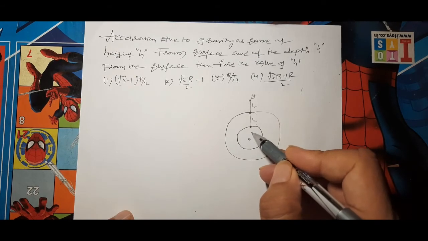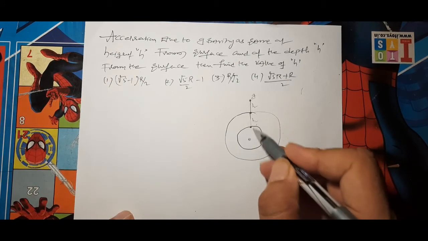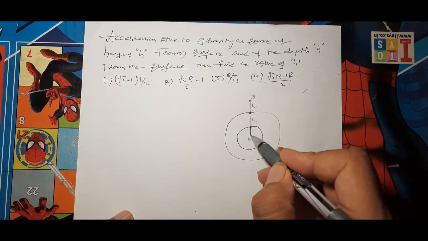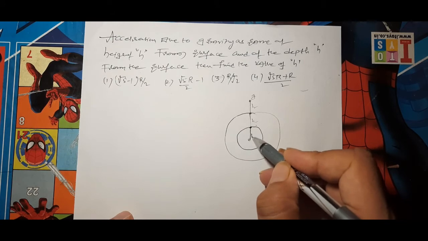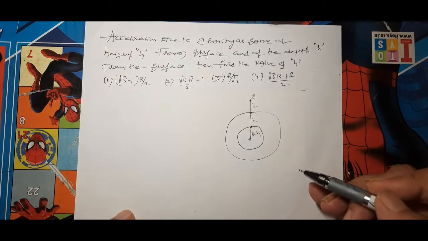This is the radius R. The point inside is attracted only by the mass within the radius R minus h.